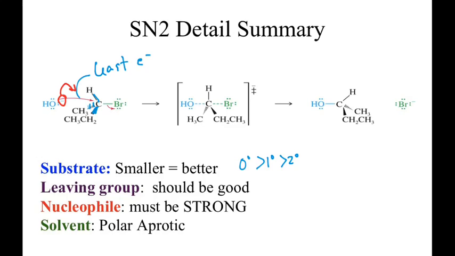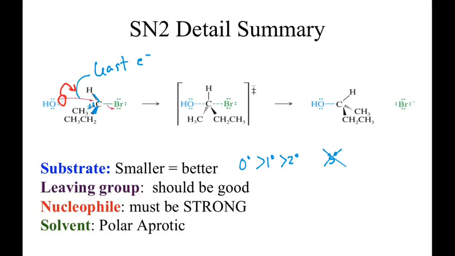The tertiary substrate has so much carbon electron bulk in the backside that we don't see the tertiary react. Okay? So when we're looking for our substrates, zero area, primary, and secondary are all valid substrate structures for our SN2. Our leaving group should still be a good leaving group. Halides are really good leaving groups as long as it's not fluoride. So your chloride, bromide, and iodide are all great leaving groups.